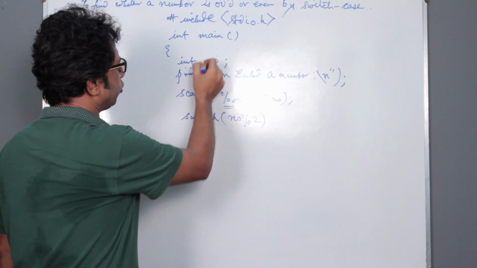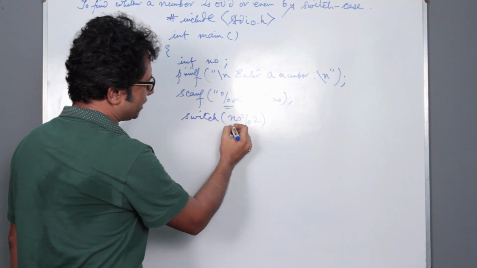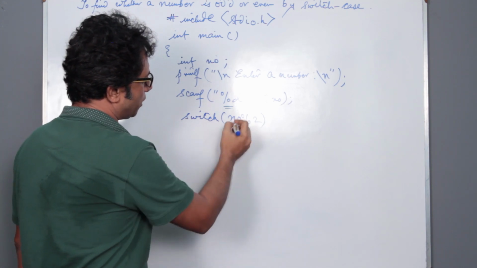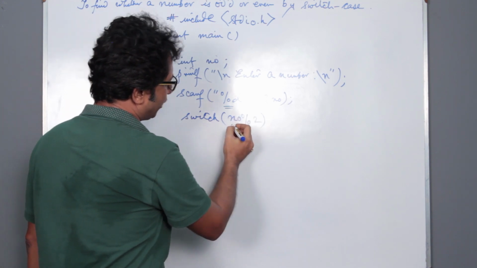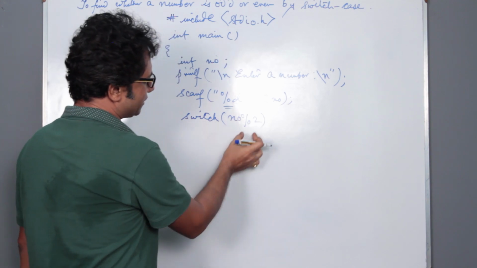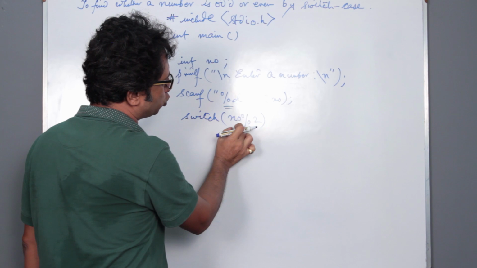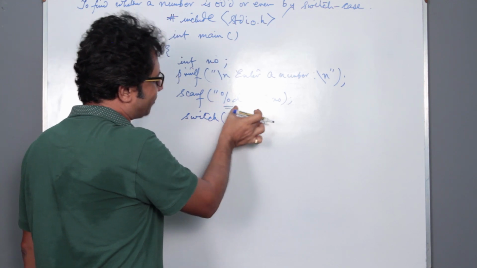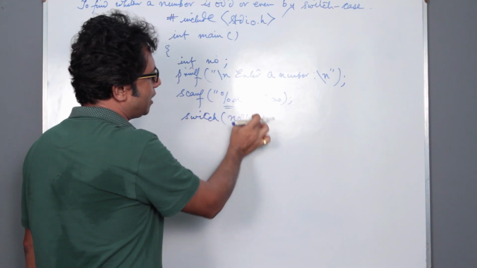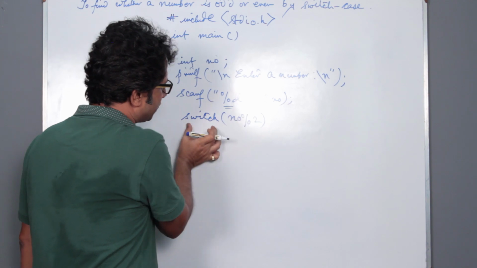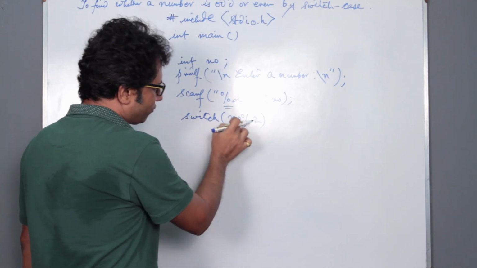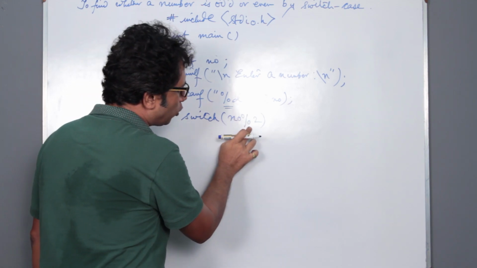That is, no modulo 2, no mod 2. Any number is divided by 2 to yield the remainder, and that remainder becomes the parameter supplied to this switch statement, and that is no %2.